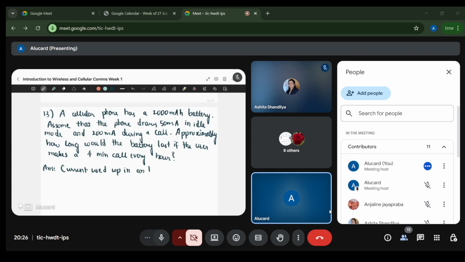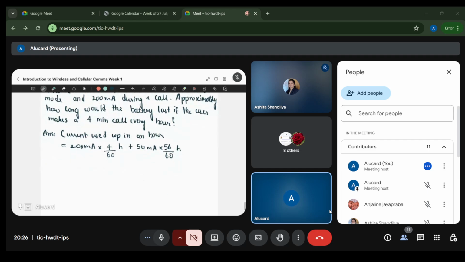In an hour it is 200 milliamperes for the call, and the call is for 4 minutes, but we'll change the units to 1 hour by dividing by 60, and for the remaining time, 56 by 60 hours, you are keeping it idle, during which you draw a current of 50 milliamps.